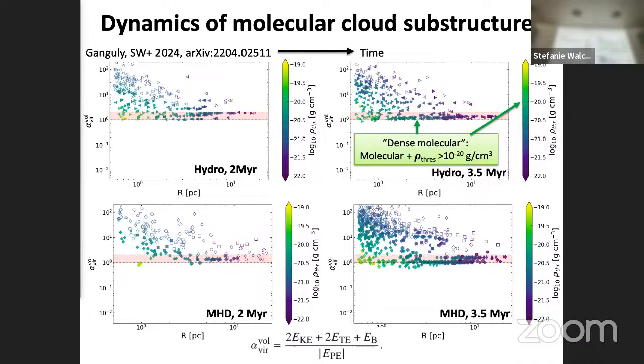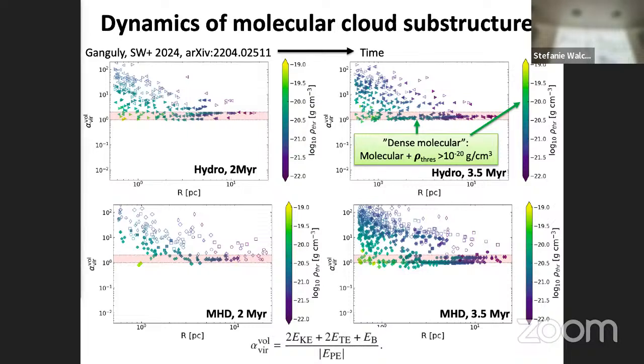And here I already made this alpha a little bit more complicated, namely, I include not only the kinetic energy, but also the thermal and magnetic energy terms. The magnetic, of course, only in the MHD case. Here it is 0.